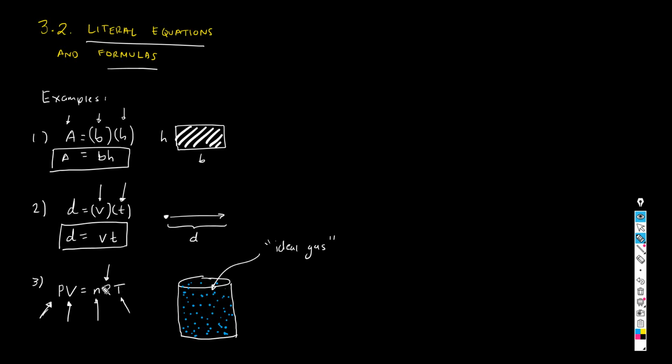Why? Well, because people have discovered this. There is an explanation for this. If you study physics, you can understand it. But we just use the formula basically. We accept it and we say, okay, this is a literal equation or a formula. So that's what these concepts mean.